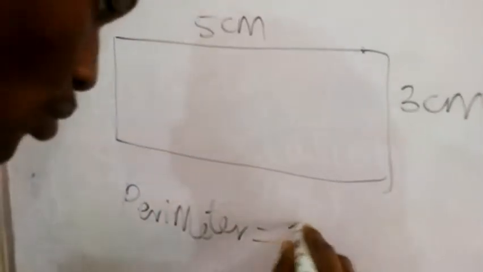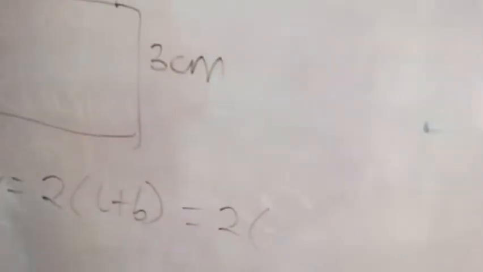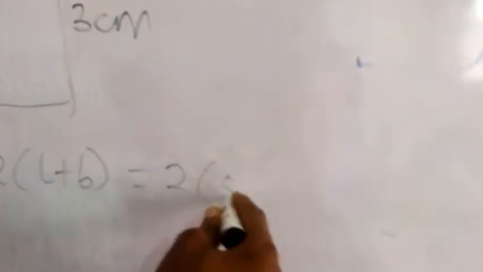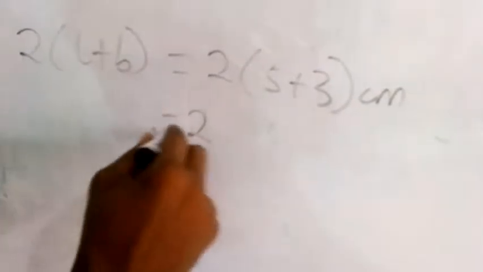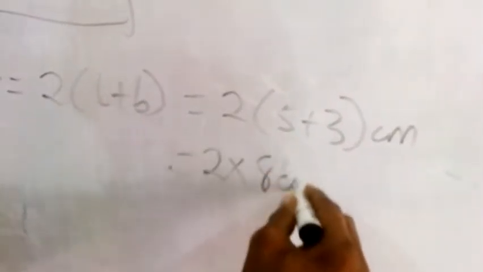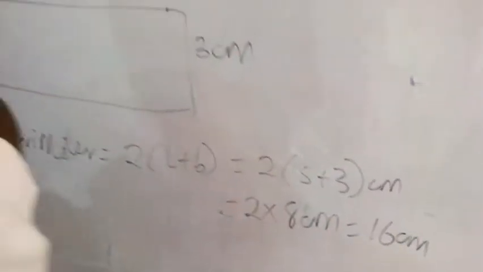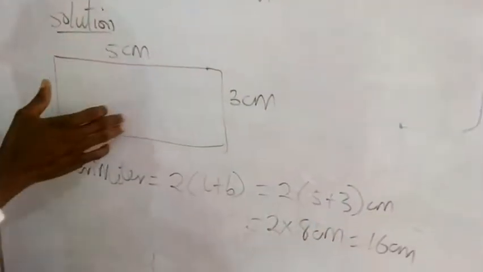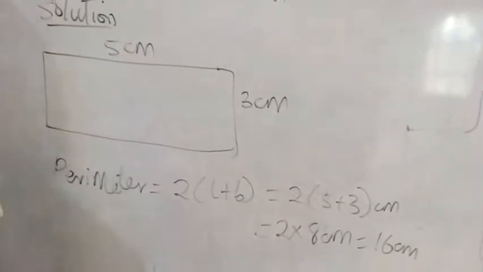Our perimeter is equal to 2 into bracket length plus breadth, 2 into bracket 5 plus 3. 5 plus 3 is 8, and 2 times 8 is 16. So the perimeter of this rectangle with length 5 cm and breadth 3 cm is 16 cm.